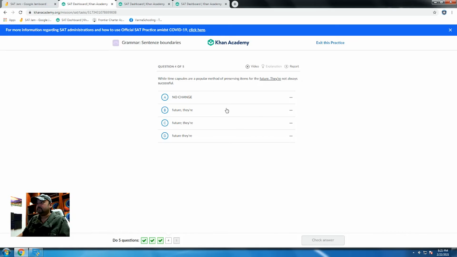Good, on a streak. While time capsules are a popular method of preserving items for the future, they're not always successful. So fragment, period, that can't be the case. It should be fragment, then a comma. So a comma is the best here. Okay.